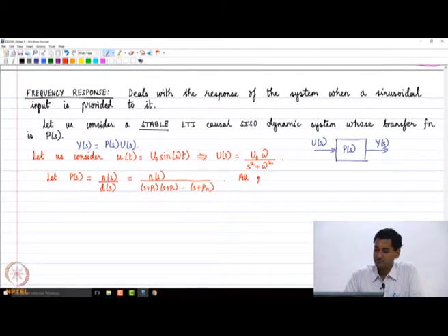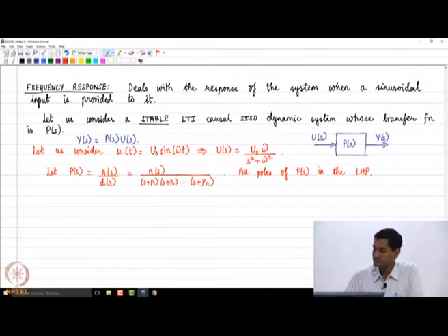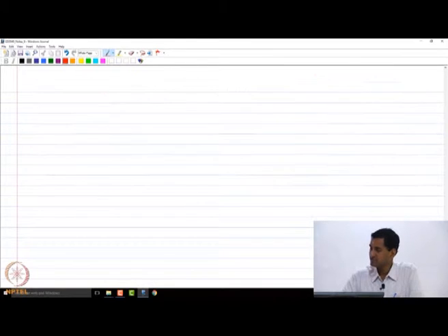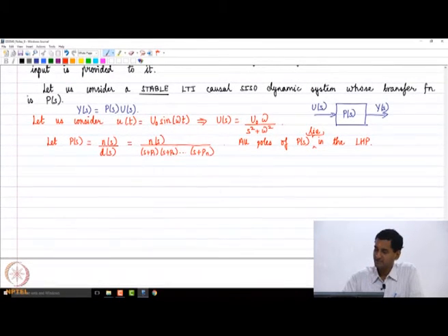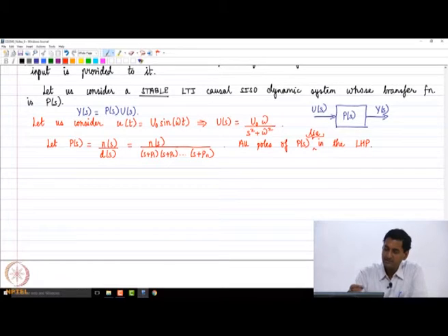All poles of P of s lie in the left half of the complex plane, right. Why? Because we are assuming a stable system to begin with. So, all poles of P of s lie in the LHP, something we have already presumed in this discussion.